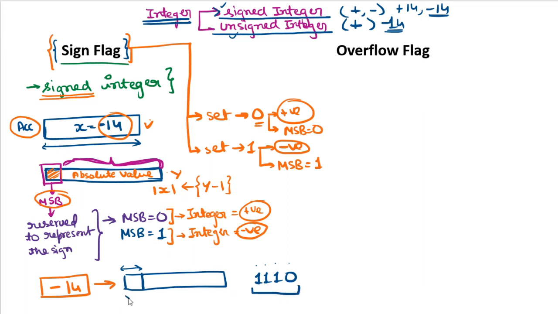Let's suppose this is an 8-bit accumulator, so these are 7 bits: 0 0 0 1 1 1 0, and since it is minus 14, we will put 1 here. Now 1 0 0 0 1 1 1 0 represents minus 14.